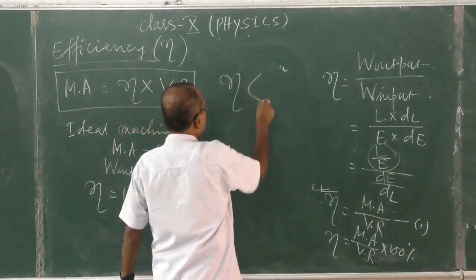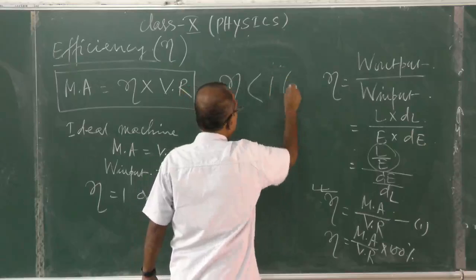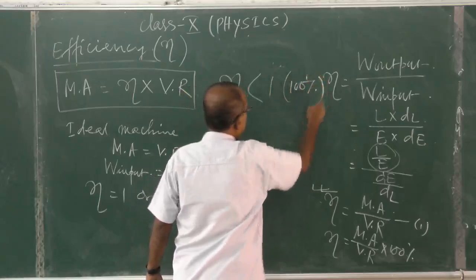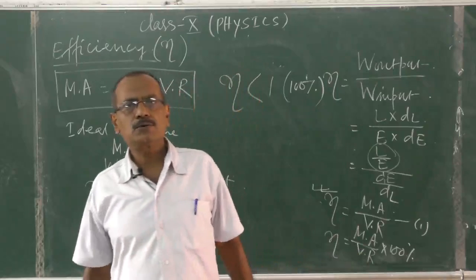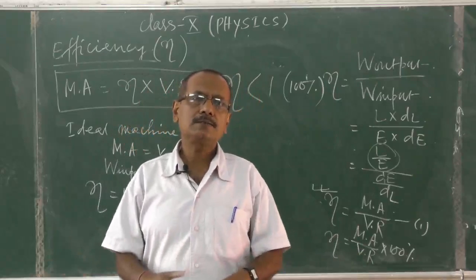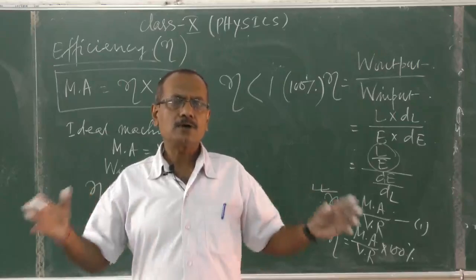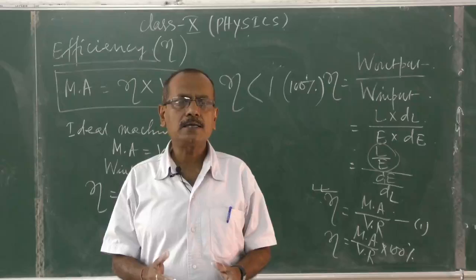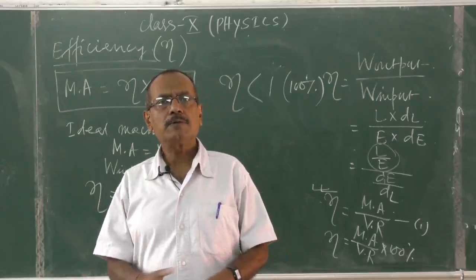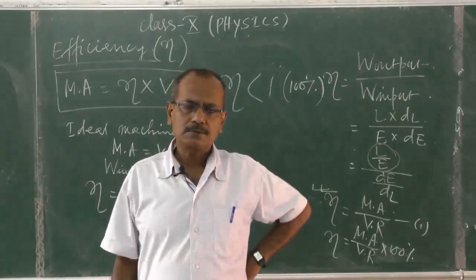Efficiency is always less than 1 or 100%, because the machine has its own weight, as well as there is weight of the movable parts, and friction is there, so therefore some energy will be lost.